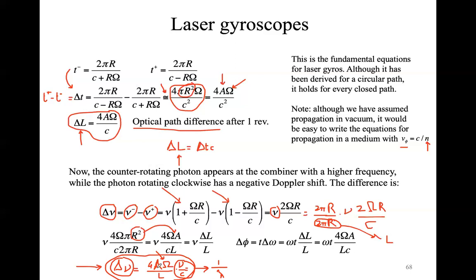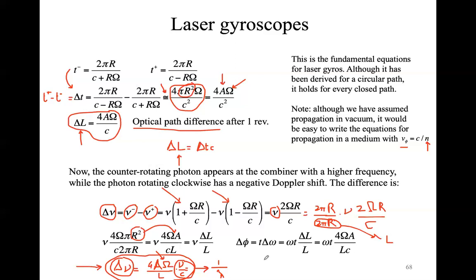This is the main disadvantage, because of course in space you don't want to have large masses and large size of an instrument. The other thing is that you have limited length, because if you want to increase the area, you have to increase the length.